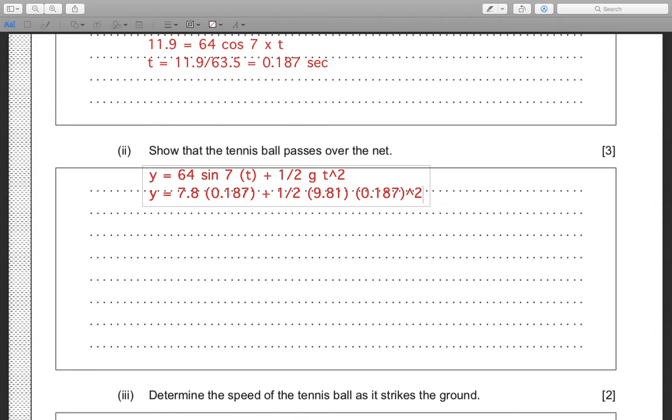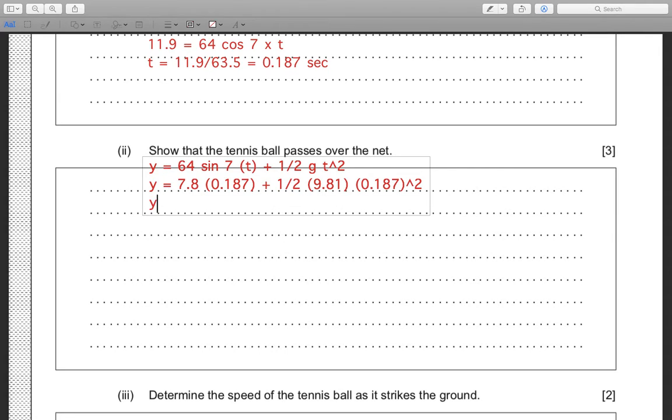So if we calculate this, 7.8 times 0.187 becomes 1.4589, plus a half times 0.187 squared times g, which is 9.81, divided by 2 because of the half.